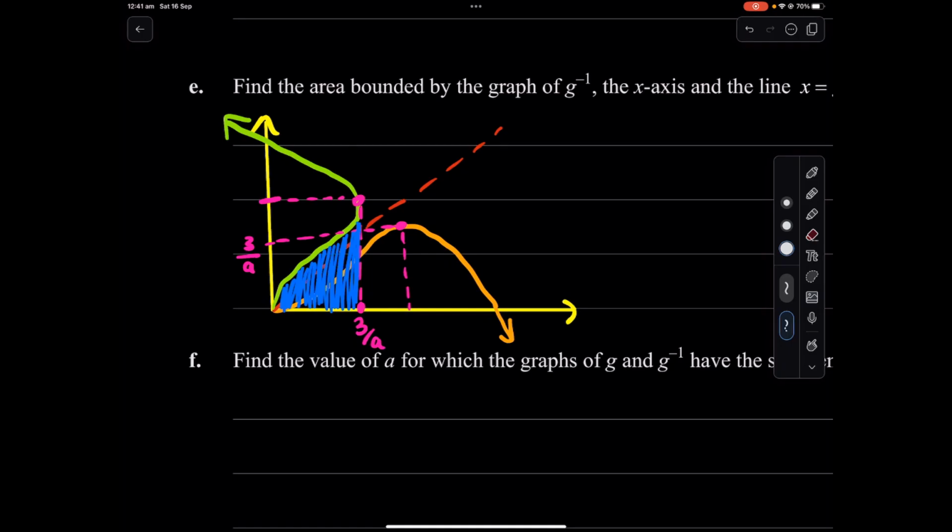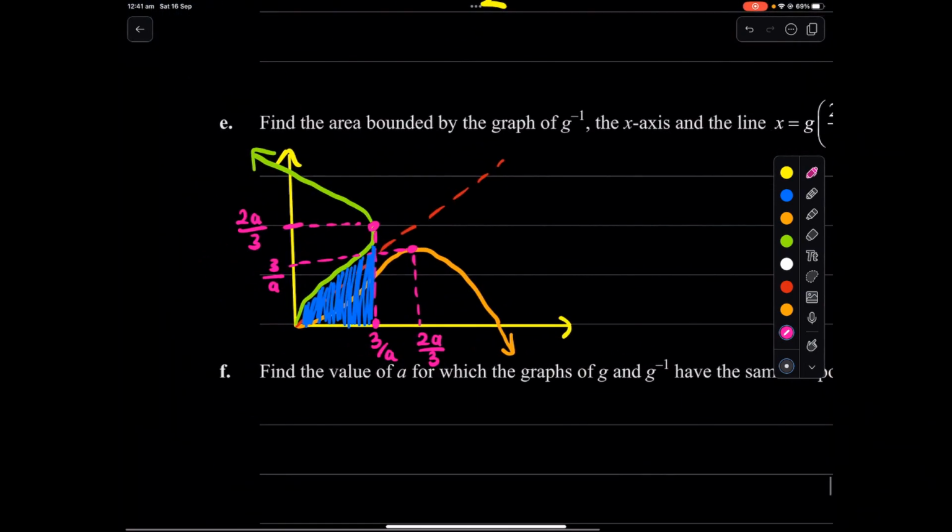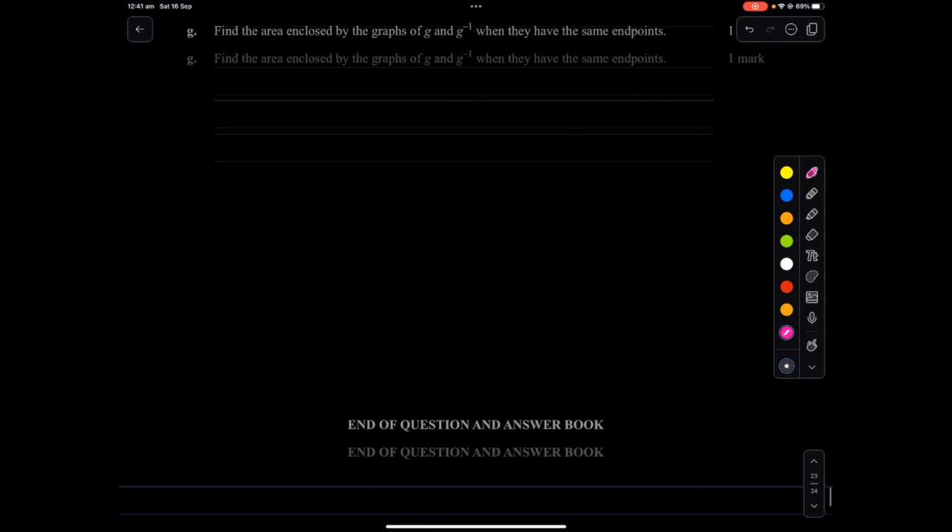So this point over here is 2a on 3. Then this one's supposed to be 2a on 3. Damn, this is too much for this question. And we want to calculate that. This is actually a pain. Just trying to think, for such, how many marks? 2 marks. And yeah, this is the last.